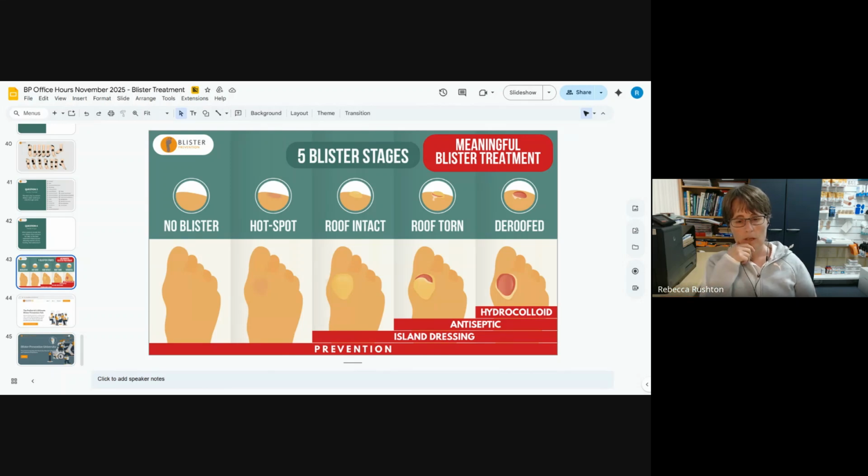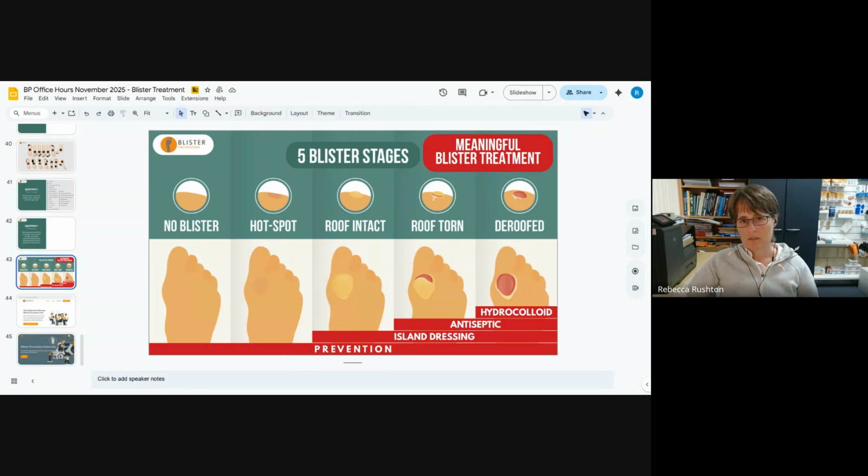You'd also educate them on the fact that this blister location is now in your blister history. Blister history is the lowest hanging fruit when it comes to starting and finishing athletic events or just our daily life blister free. We need to predict the blister locations, and the lowest hanging fruit there is our blister history. So we need to have our best preventions in place right from the get-go.